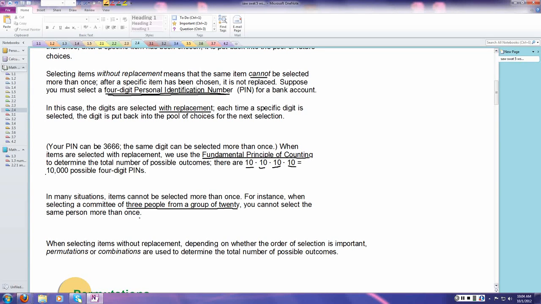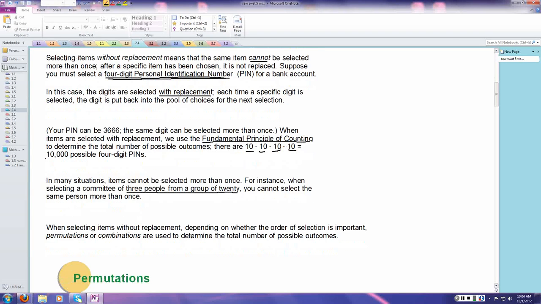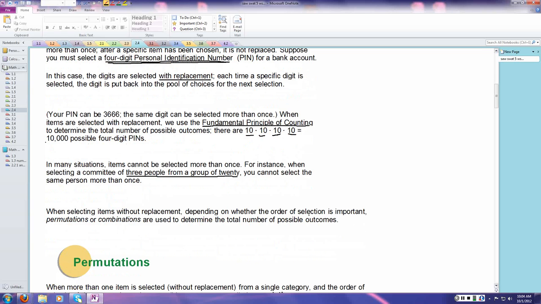So the tricky thing in this section is to know when we're doing an example with replacement or without replacement. You're going to have to look to the contents of the question to know whether we're picking with replacement or without replacement.